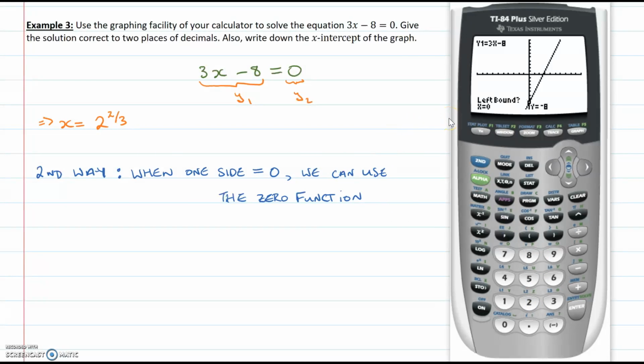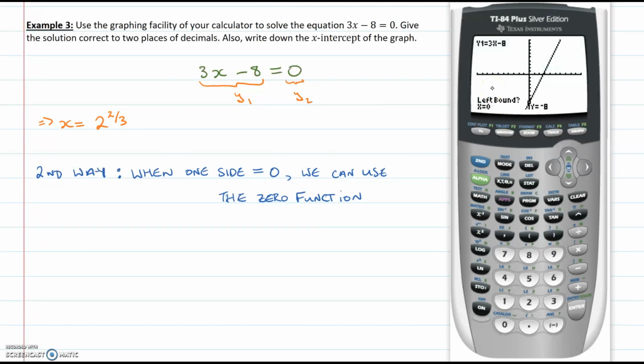The 0 of a graph is where the graph crosses the x-axis. So we're looking for the point where the graph crosses the x-axis, so just in there. Now if you look down here, it says left bound.